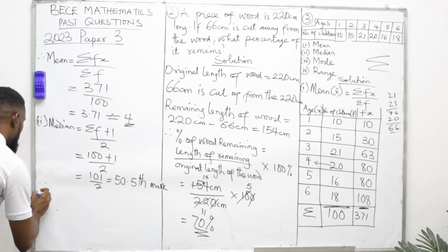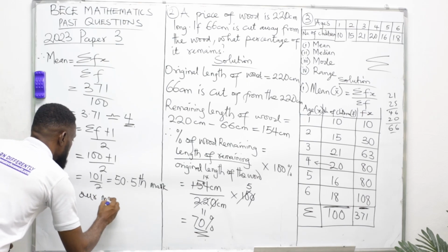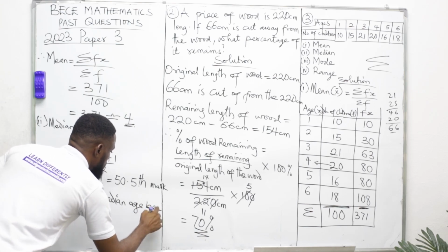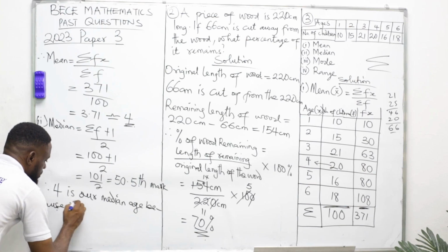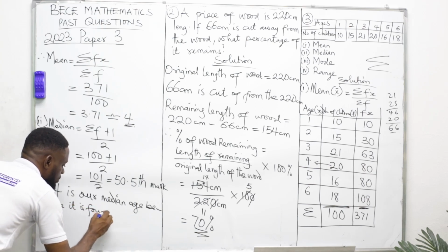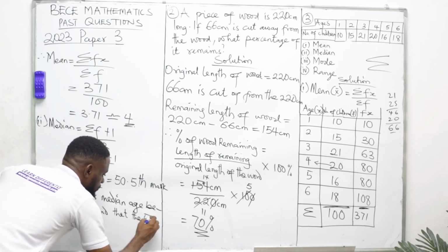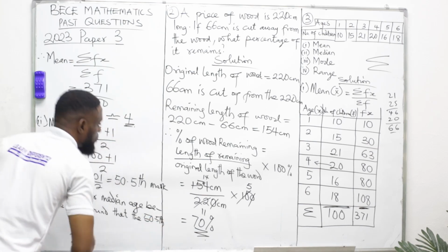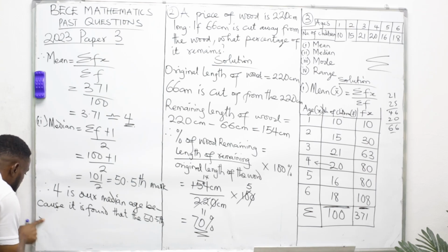So we say, therefore, 4 is our median age because it is found at the 50.5th row, right?